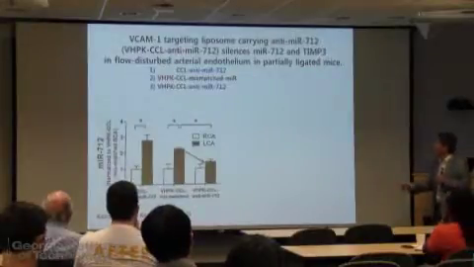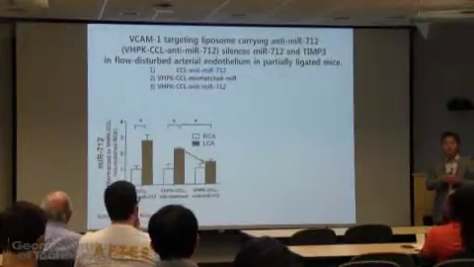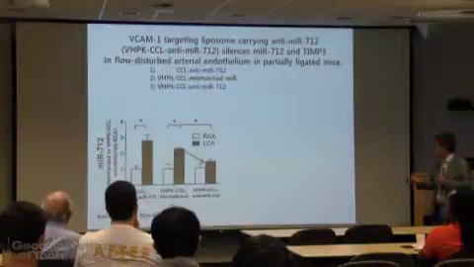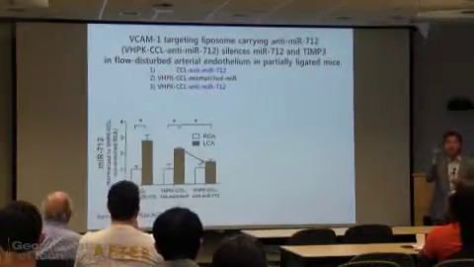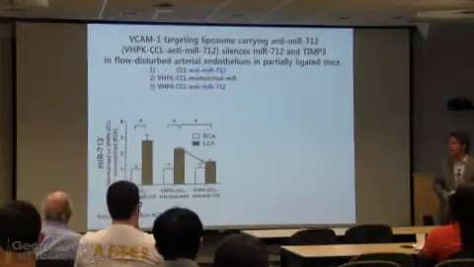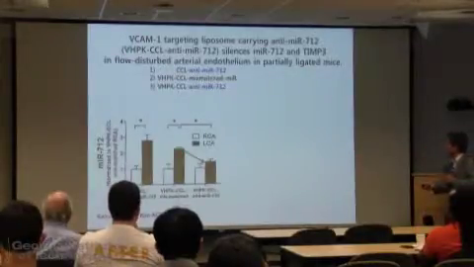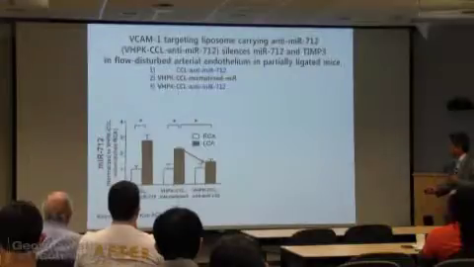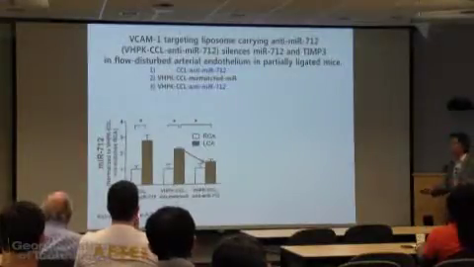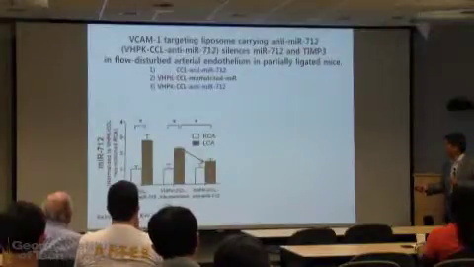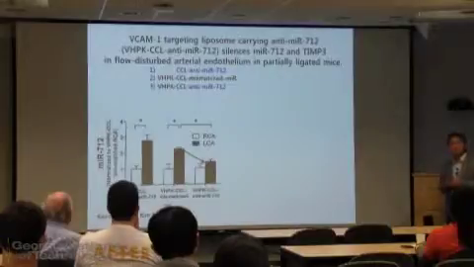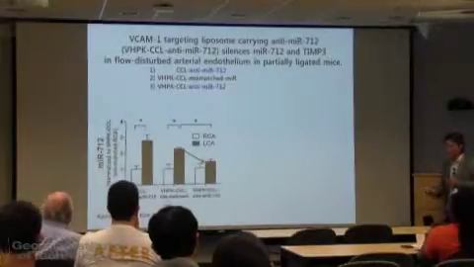We did a partial ligation surgery to induce MIO-712 expression in the LCA, and then we injected mice with this lipid particle with the VHPK, the VCAM1 targeting peptide. If it works, it goes into endothelial cells and should prevent the increase in MIO-712. And that's what we really saw.